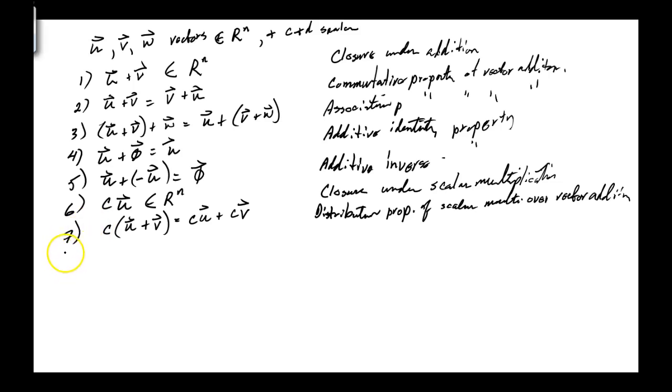And the reason I said a few more is, look at their number 8. What if you had two scalars, C plus D, and multiply that by a vector u? What would that produce? Cu plus du. Yeah, that's correct.